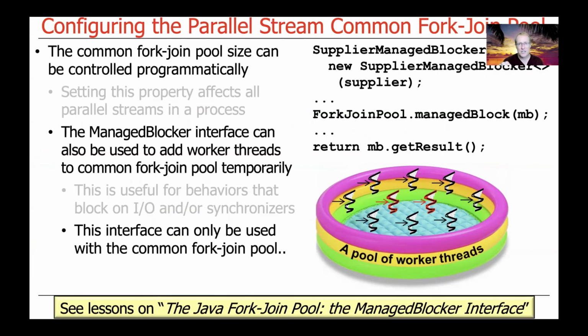What I don't really say here, but I'll just mention in passing, is that if threads are grown because you have blocking operations, but then your program goes into a period when it doesn't have any blocking operations, after a minute or so the common fork join pool will automatically terminate these temporarily created threads, kind of like Amazon or a shopping mall will let their seasonal workers go once the holiday rush is over.